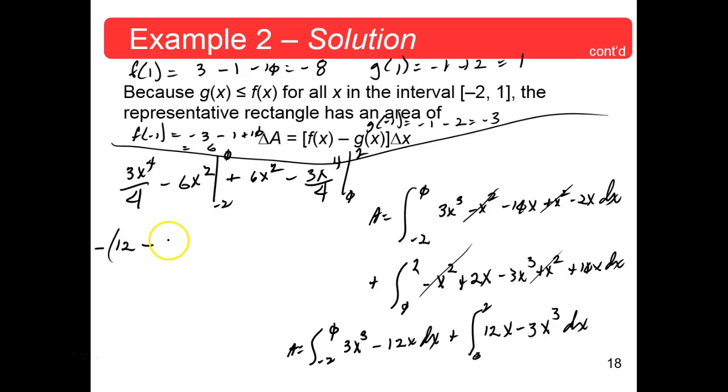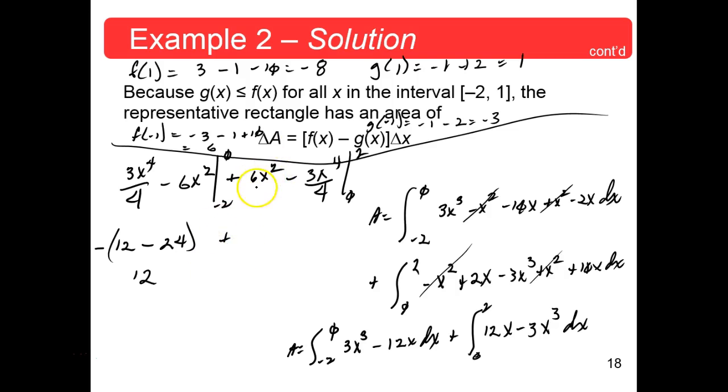Also 12. Really? Wait, no. Oh, okay. 24. But that was a minus 24, right? So this comes up a minus 12, but you got a minus sign in front, so that is a 12. Agreed? Okay.